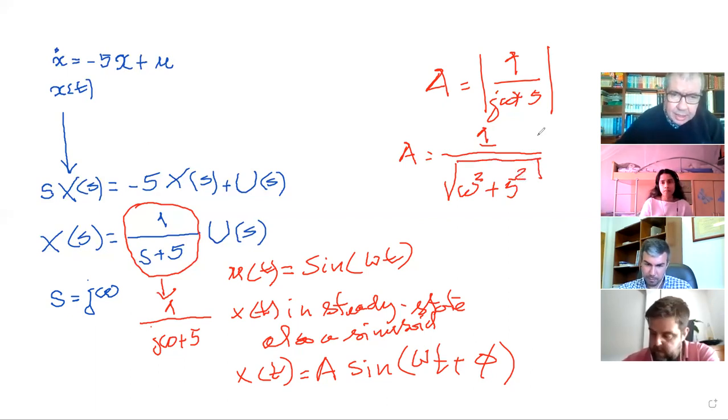But you can write this as 1 divided by 5 times 1 divided by the square root of (omega divided by 5) squared plus 1.